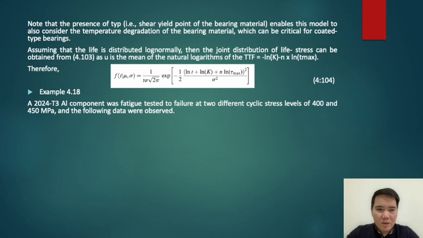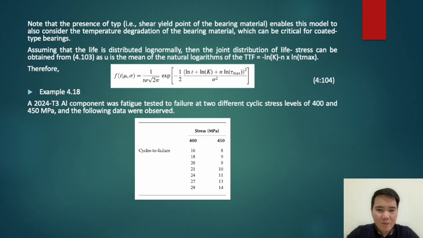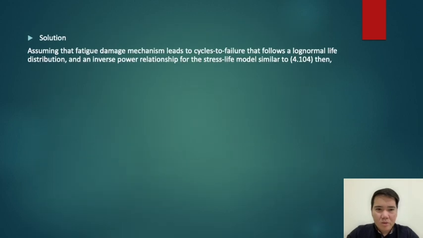An aluminum alloy 2024-T3 was fatigue tested to failure at two different cyclic stress levels of 400 and 450 megapascal, and the following data were observed. Estimate the number of cycles to failure at 300 megapascal. Solution.